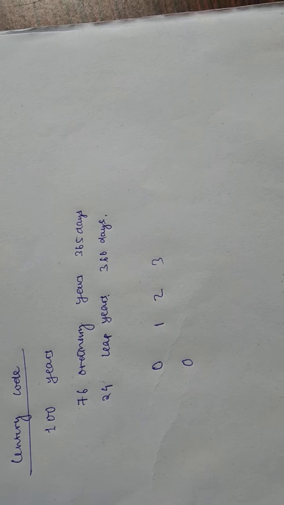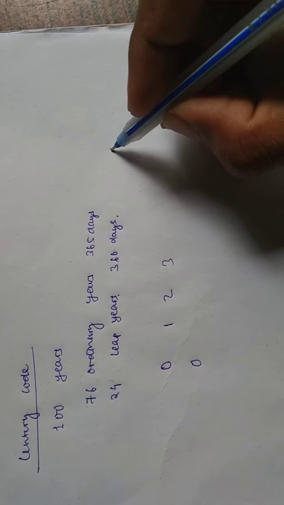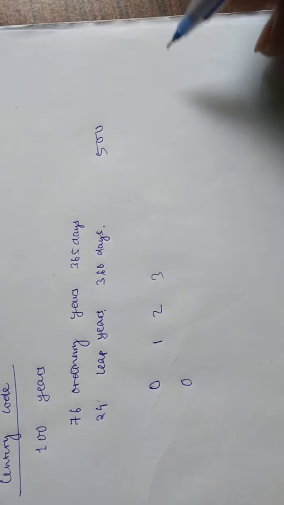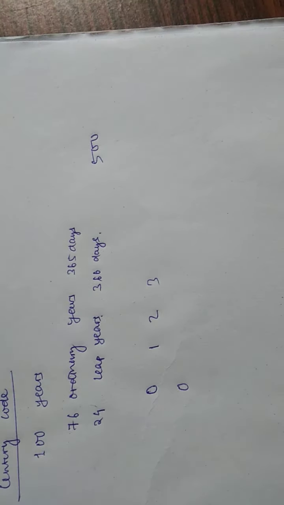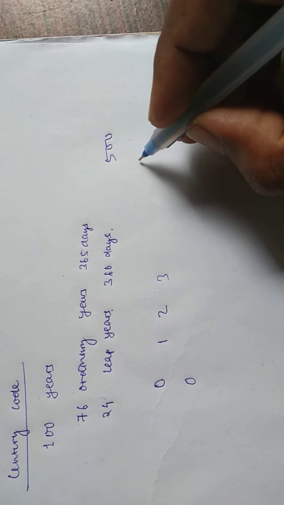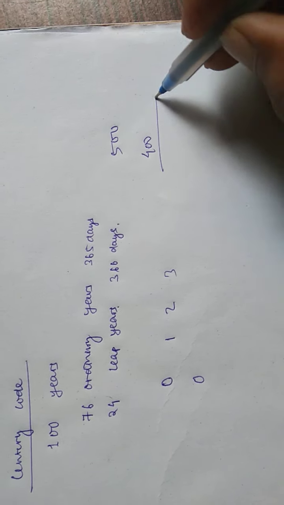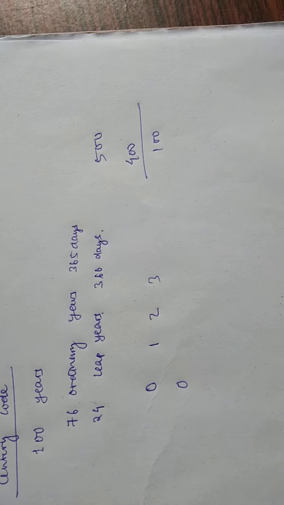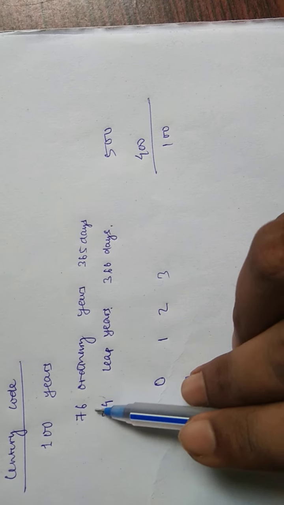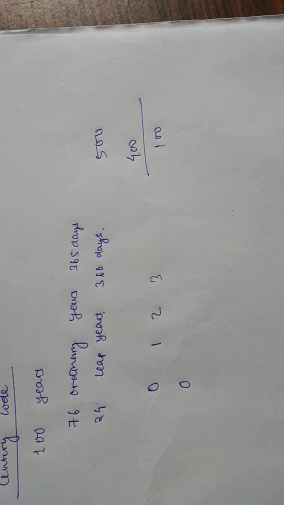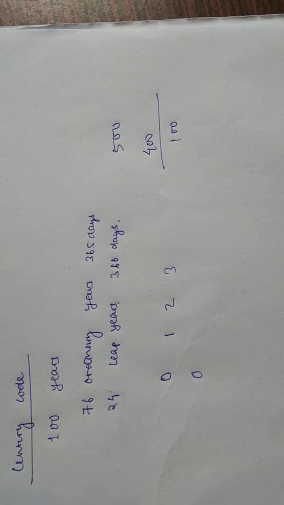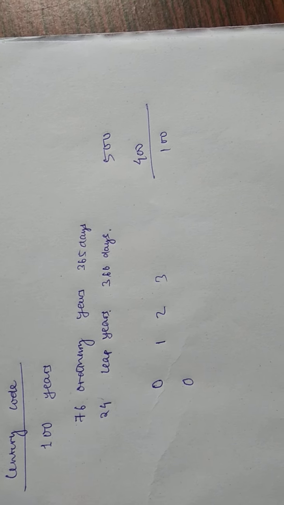When we get 1, suppose we are at 500 years, how many odd days do we have here? On calculating 500 minus 400, we will get 100 years. For 100 years, 76 are ordinary years and 24 leap years.